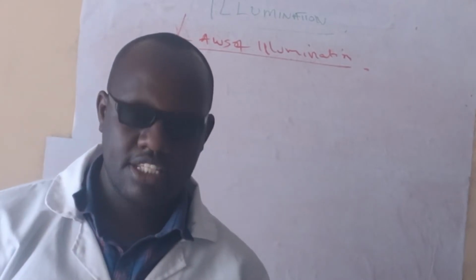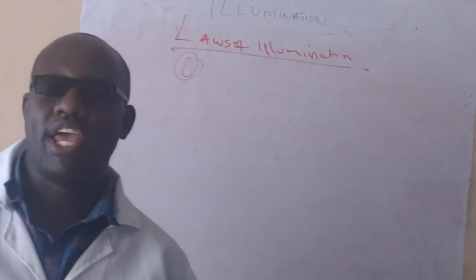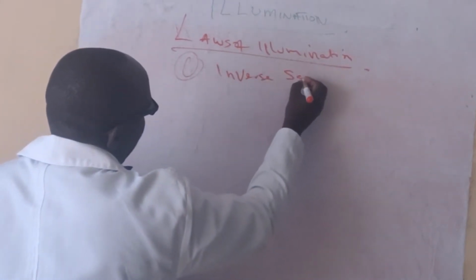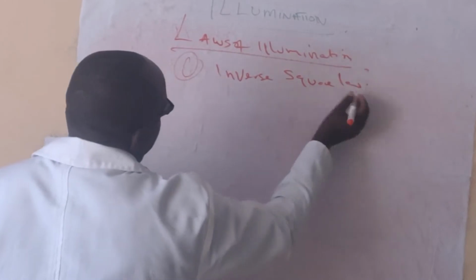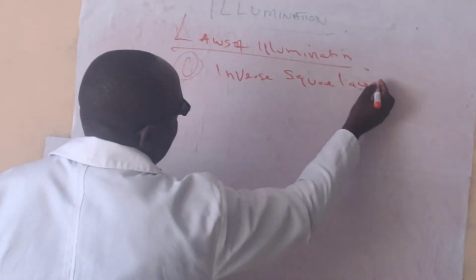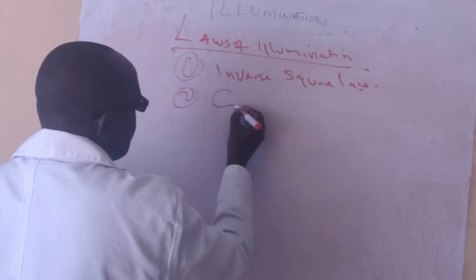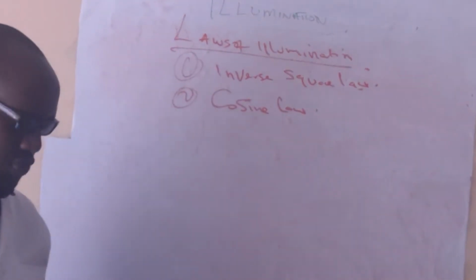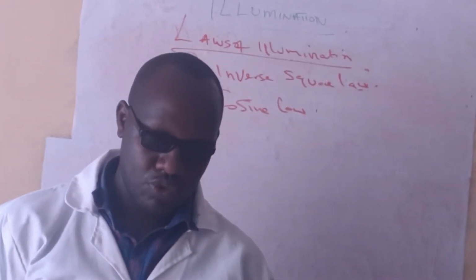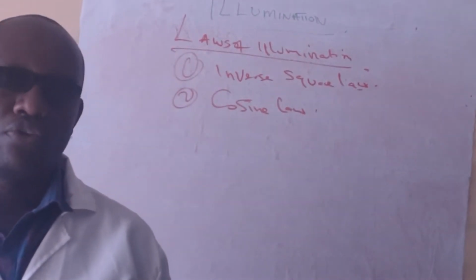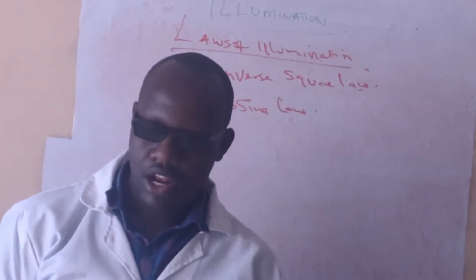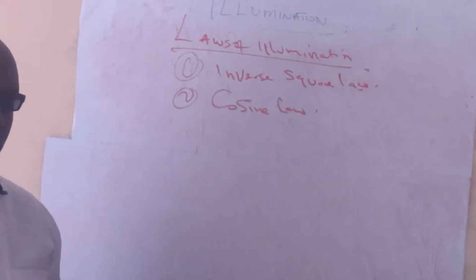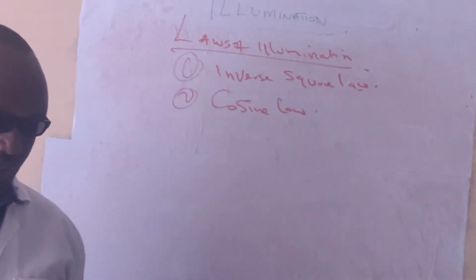The law number one is known as the inverse square law. Number two is the cosine law. So of the laws of illumination, we've got those two: the inverse square law and the cosine law.